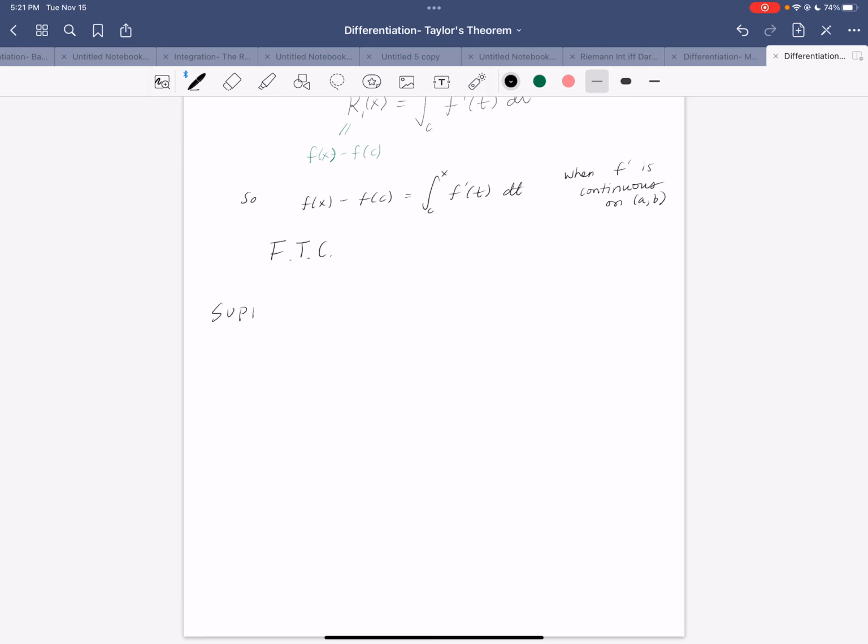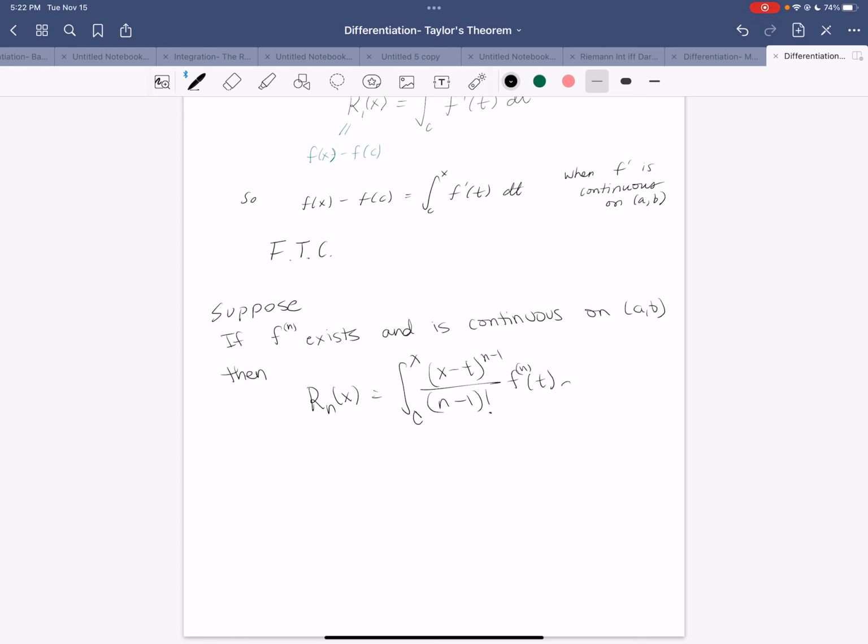So now let's say, suppose it is true. Suppose the nth derivative exists and is continuous on (a, b), then R_n of x is equal to the integral from c to x of (x minus t) to the n minus 1 over (n minus 1) factorial, times the nth derivative of f at t, dt.